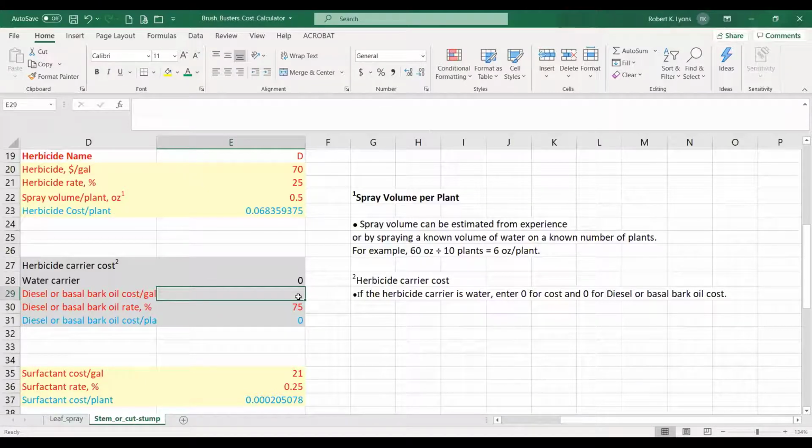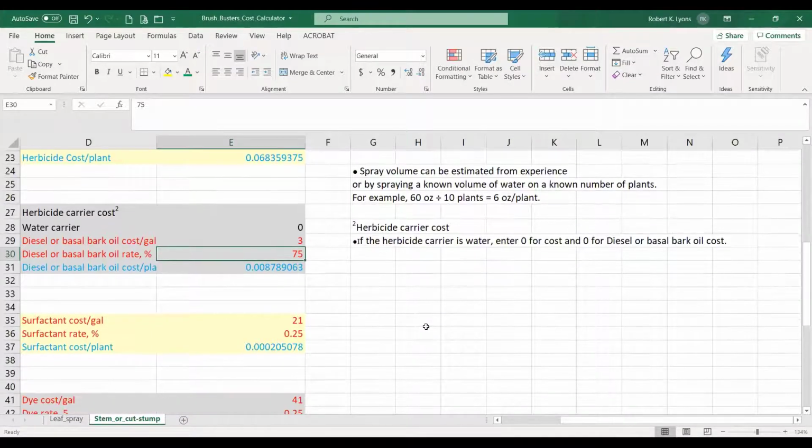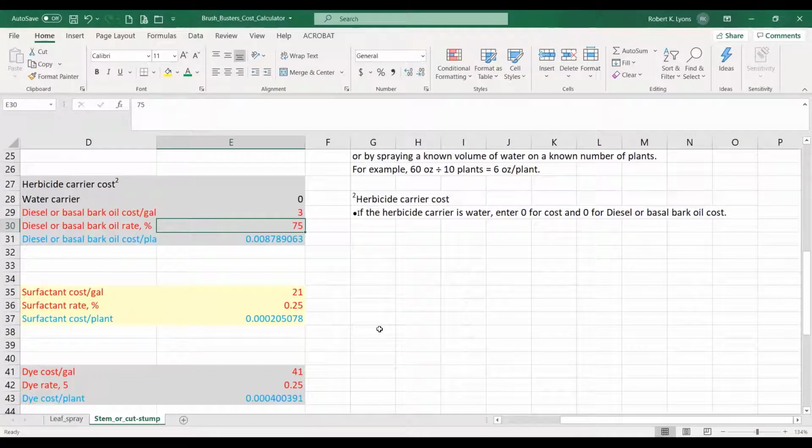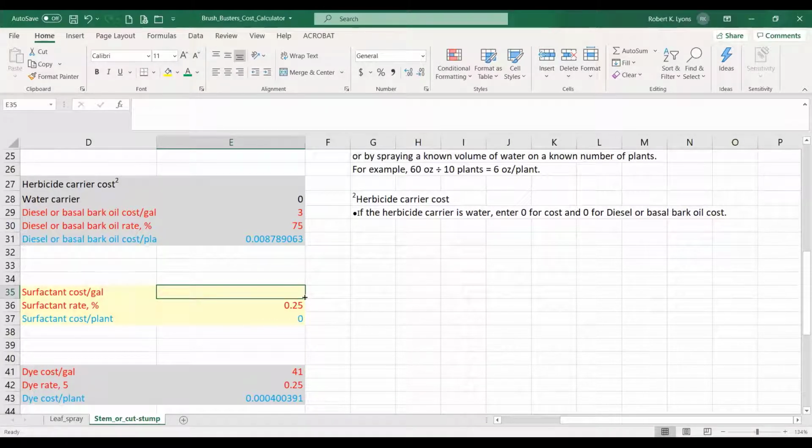So let's just put that back in there. We're looking at diesel as a carrier. And then if we come down here, the surfactant cost, if we're using diesel, we would have no surfactant cost. If we're using Envora in water, we would have a surfactant cost.